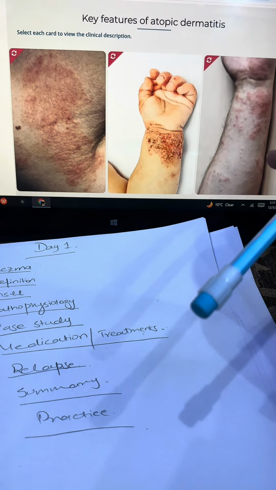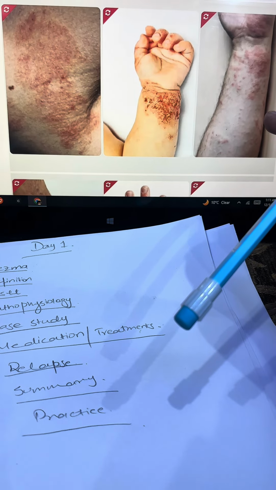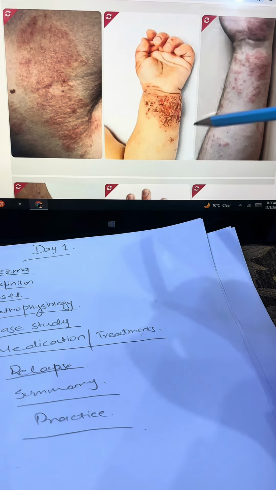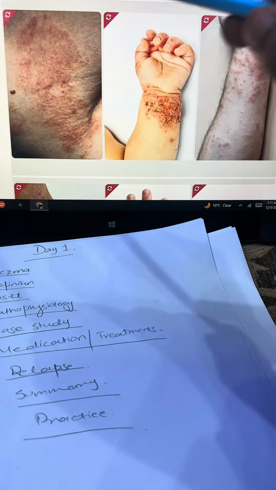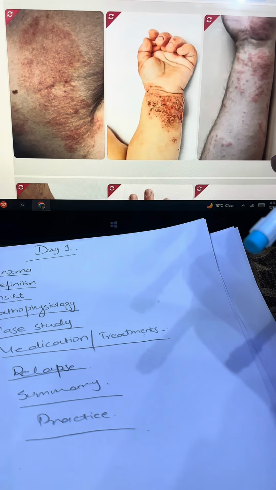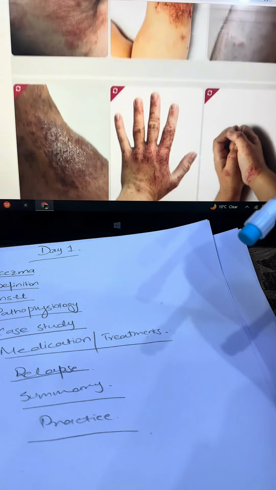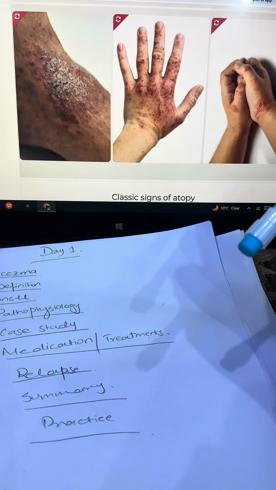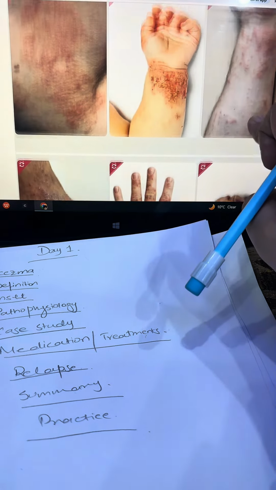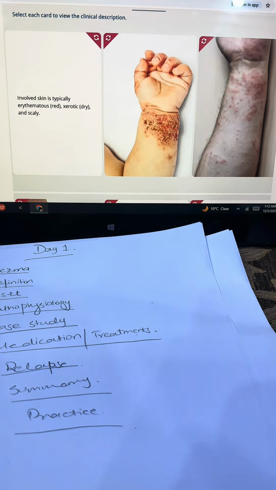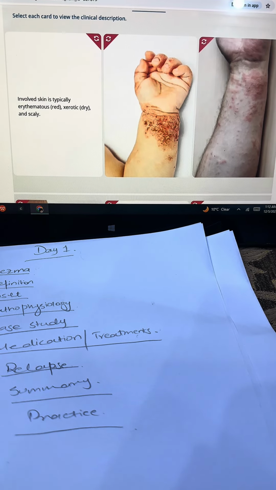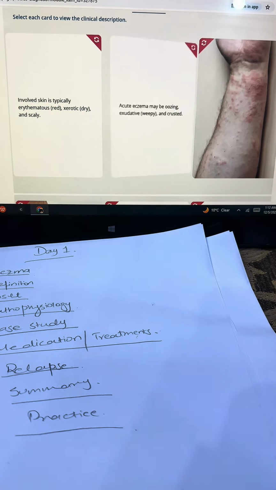Moving on, the key features of atopic dermatitis: scaly, erythematous, xerosis, signs of severe itching, skin lichenification, oozing. Involved skin is typically erythematous, xerotic, and scaly.